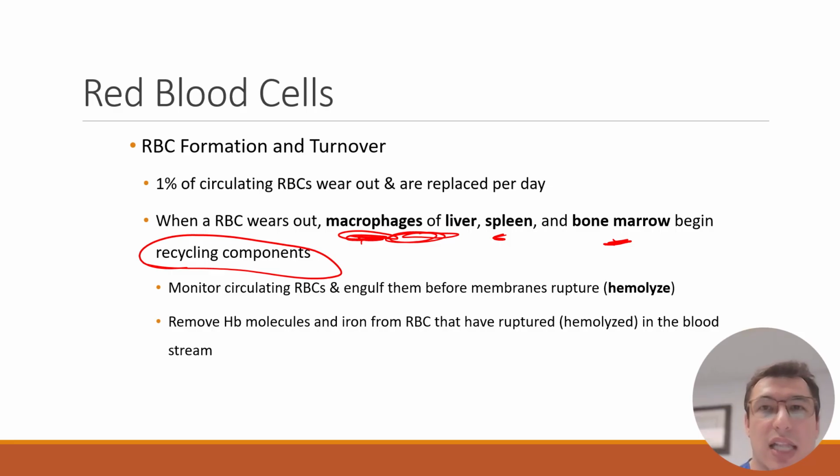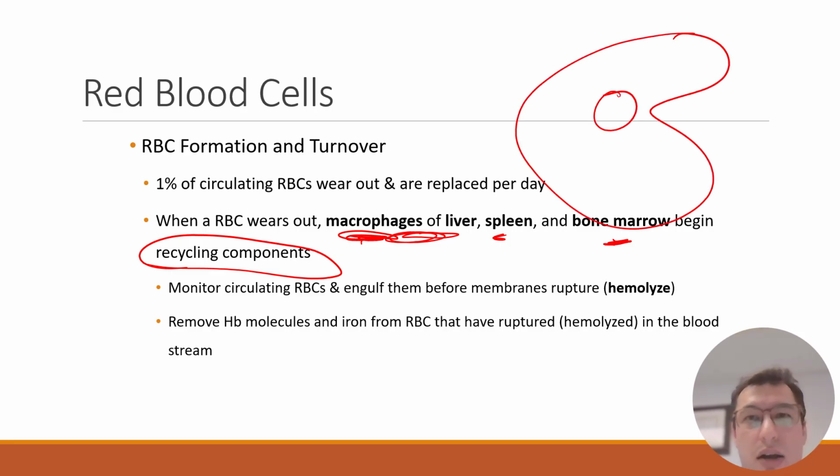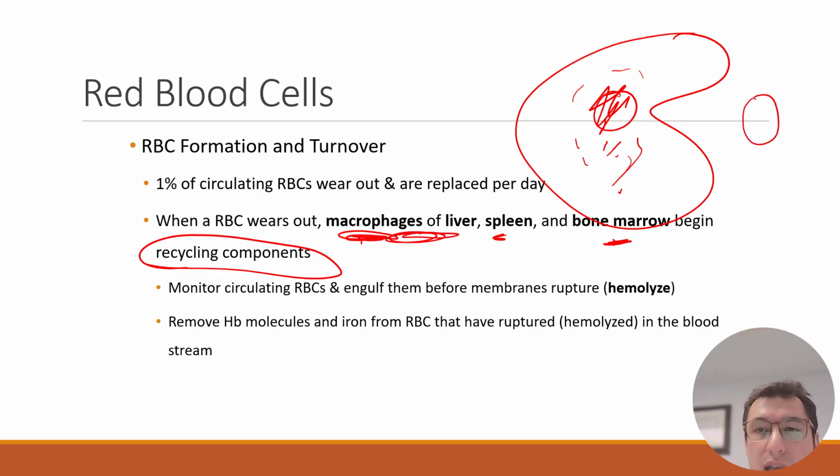Macrophages, I want you to think that it's like a huge cell that engulfs a red blood cell. And inside there, it can start that process of breaking down the red blood cell, and all the components out of it start taking them to the right places. It's not ideal for the red blood cell to break outside in blood because it will release all these components in blood and they can be toxic.